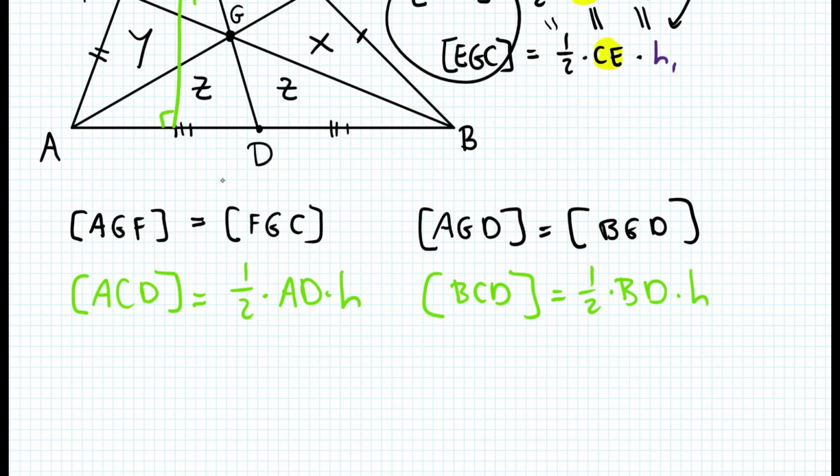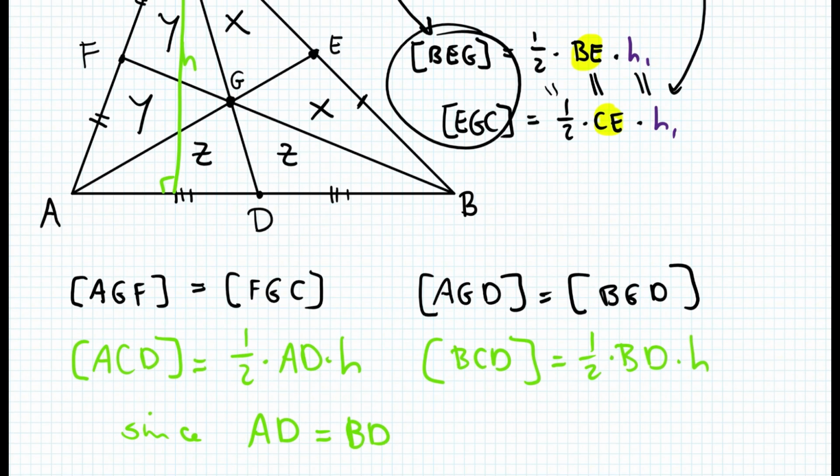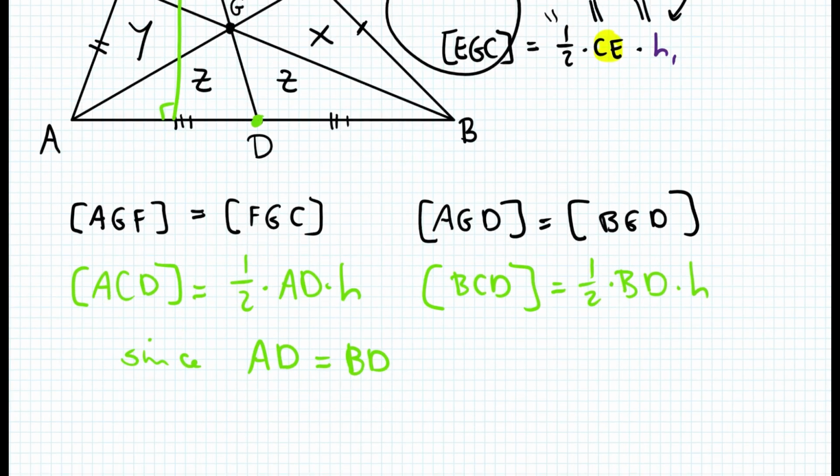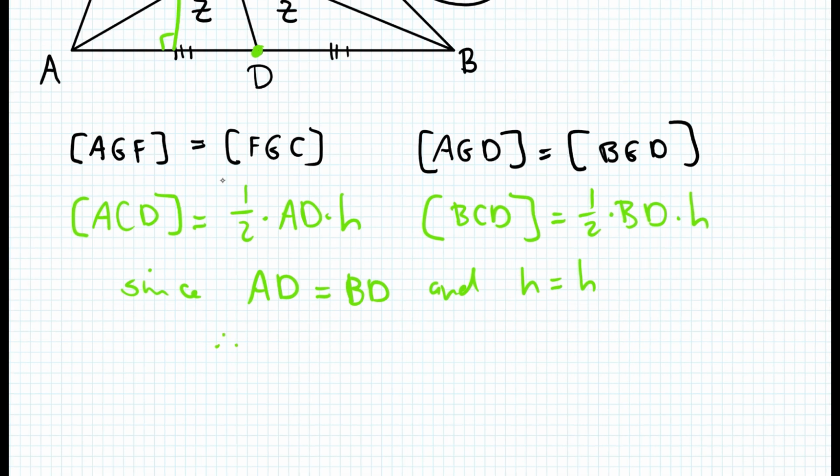Again, why are they equal? Because we know that AD is equal to BD, since point D is the midpoint of segment AB, right? And we know that H is equal to itself. Therefore, we know that triangle ACD is equal to triangle BCD.